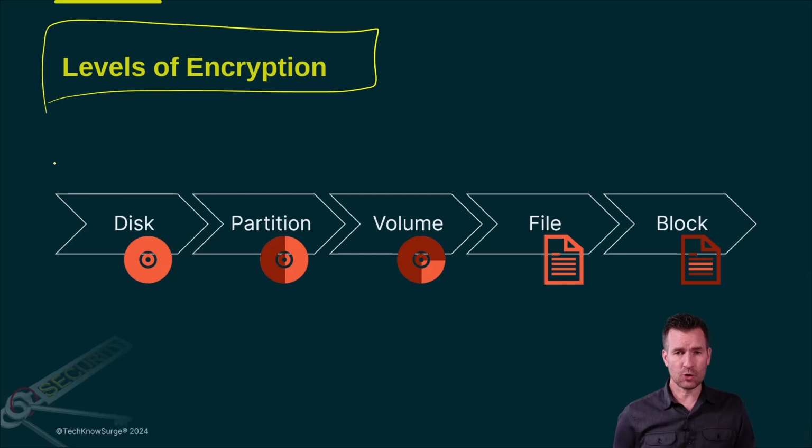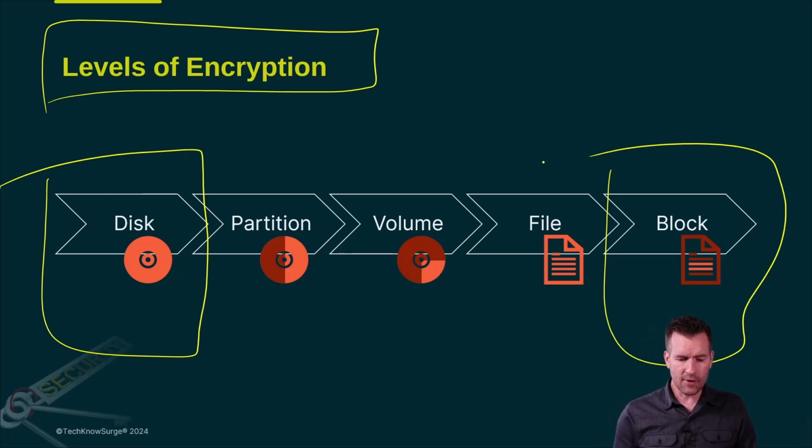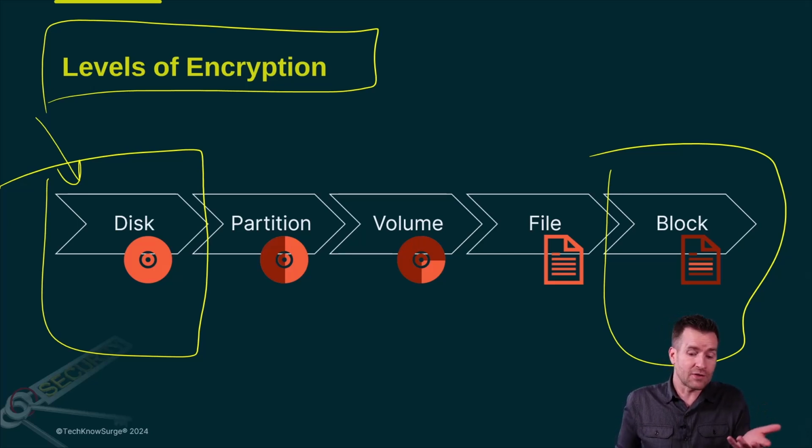At what level do we encrypt things? We can encrypt things on a large scale or on a very minor scale. And if we encrypt things on a large scale, it could mean that we're going to have a performance hindrance with it. Or maybe it's all done with hardware and all the encryption and decrypting is done on the hardware, and we might actually have some performance gains in that scenario.